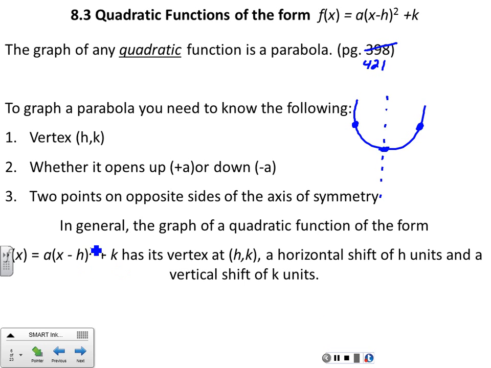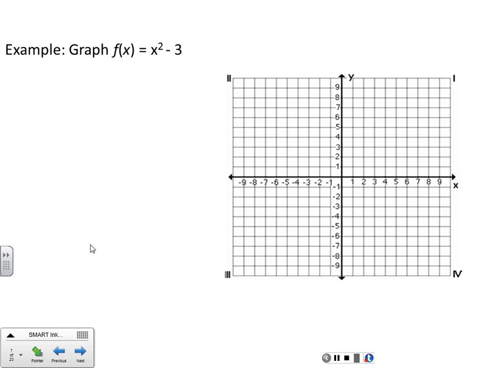Okay? So, let's put this into action. f of x equals x squared minus 3. As we go along, I'm going to give you some hints, some things that you can look at to know what's going on. Do you see parentheses in this function?